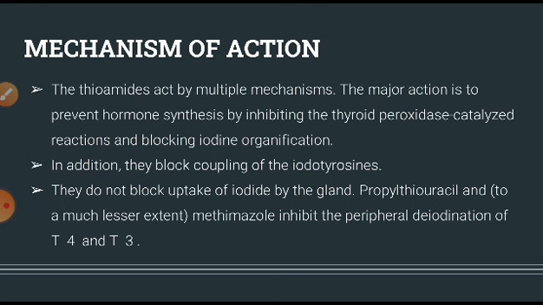They do not block uptake of iodide by the gland. So they are not blocking the uptake, but the conversion of iodide into iodine is blocked, as well as the coupling. Propylthiouracil and methimazole also inhibit the peripheral deiodination of T4 to T3. So that is also what they do. Peripherally, they are not allowing T4 to convert into T3.